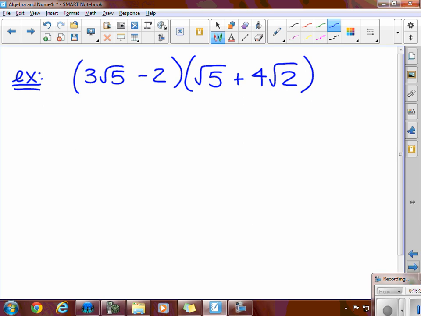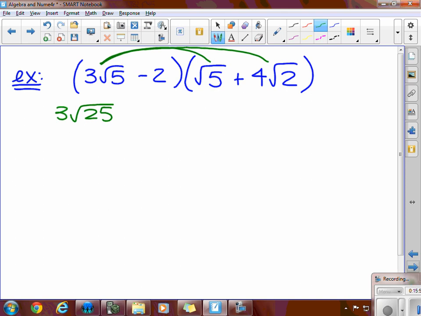Yeah, I've got a binomial times a binomial in essence, so that means I have to do FOIL or a double distribution here. So if I look, I take 3 root 5 times the root of 5, 3 root 25, and again we'll worry about simplifying once we're done. So 3 root 25. Then I take that 3 root 5 and multiply it by 4 root 2.